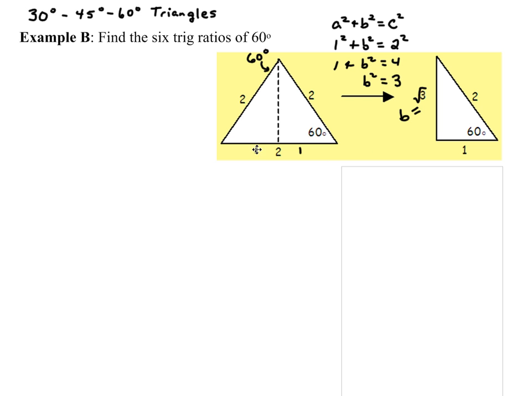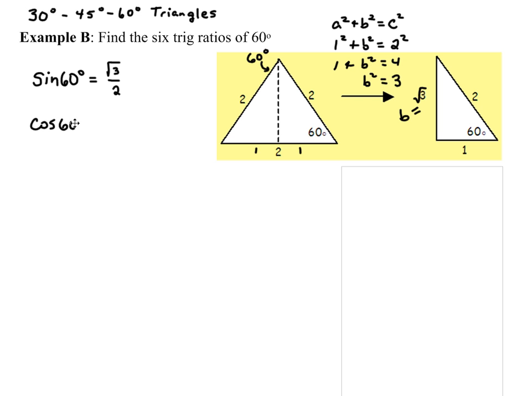So now how can we use this? Well, now if anybody asks you to find the sine of the angle 60 degrees, you can tell them that it's the ratio of the opposite side to the hypotenuse, square root of 3 over 2. What about the cosine of 60 degrees?